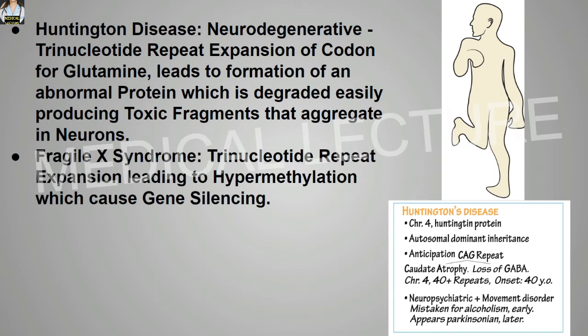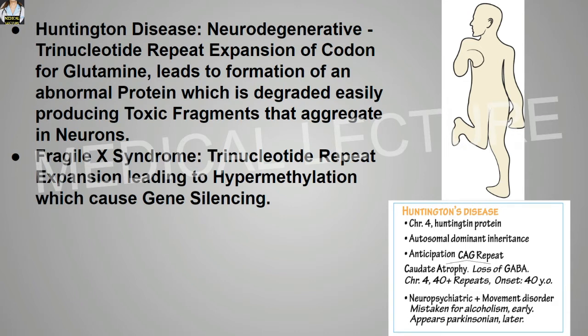Now what is Fragile X syndrome? Here the trinucleotide repeat expansion leads to hypermethylation, which causes gene silencing. There is mutation of the Fragile X mental retardation 1, or FMR1, gene, which is present on the X chromosome.